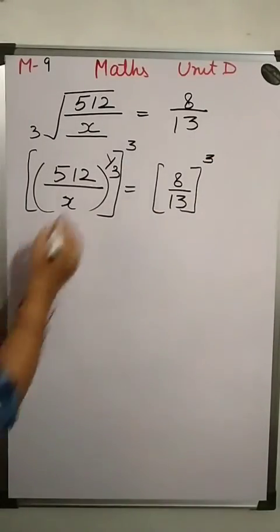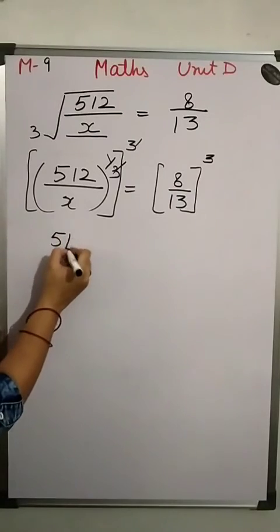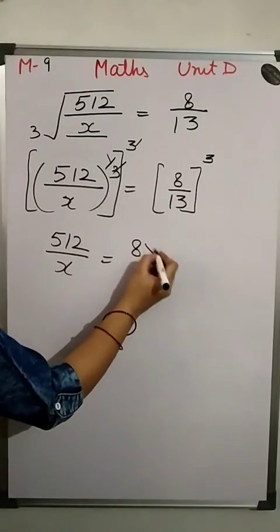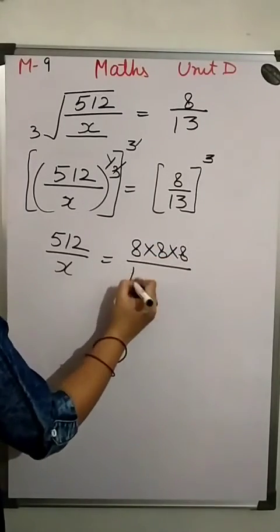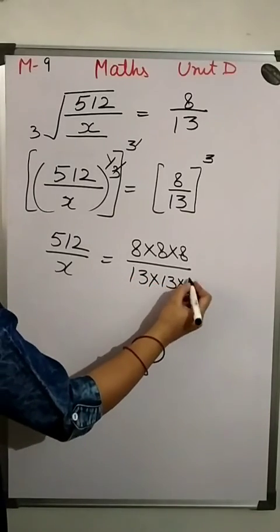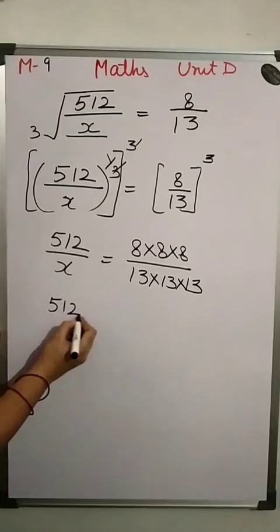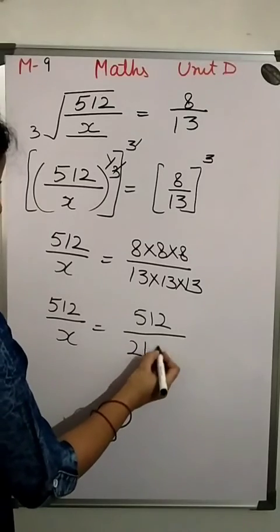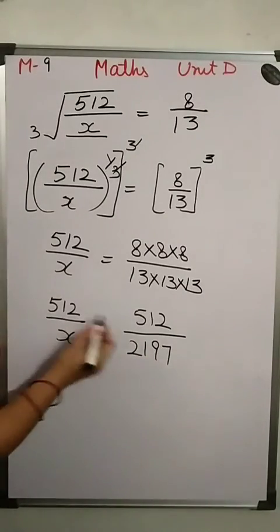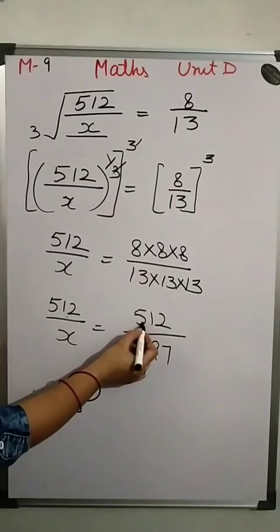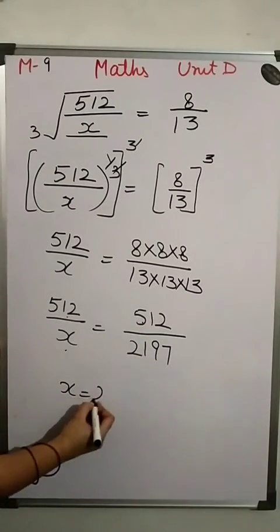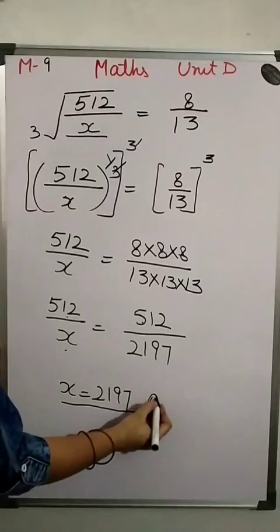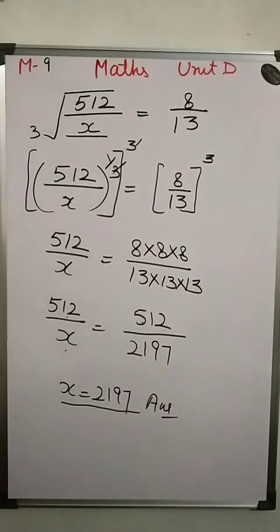These two cancel each other, so 512 upon x is equal to 8 multiplied by 8 multiplied by 8 upon 13 multiplied by 13 multiplied by 13. So it is 512 upon 2197. Now compare the numbers: 512 and 512, these two are the same. So x is equivalent to 2197. So in this place you can fill up 2197. Right, everyone?